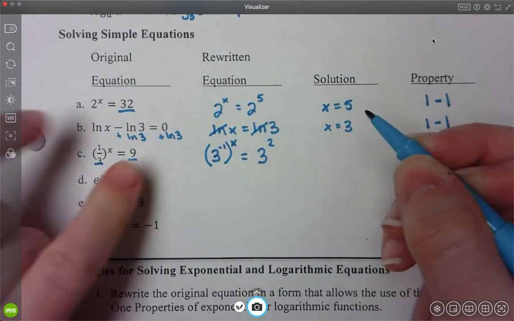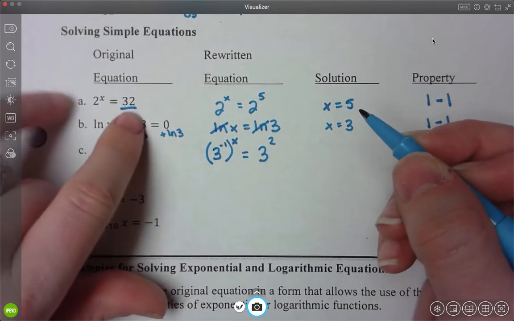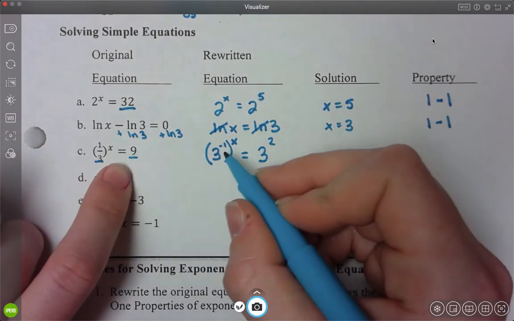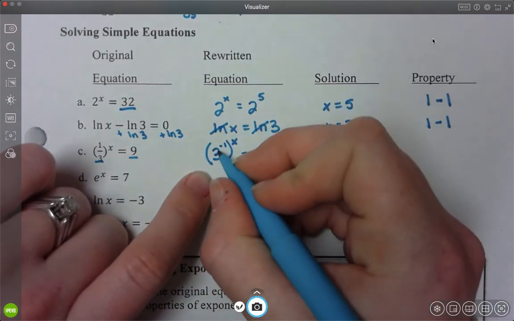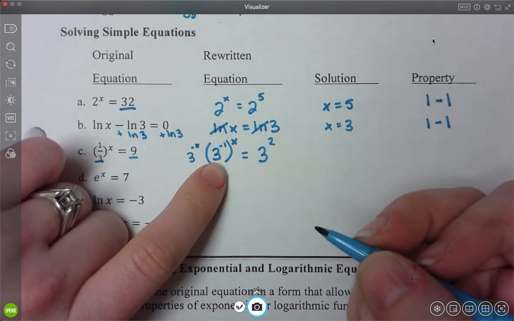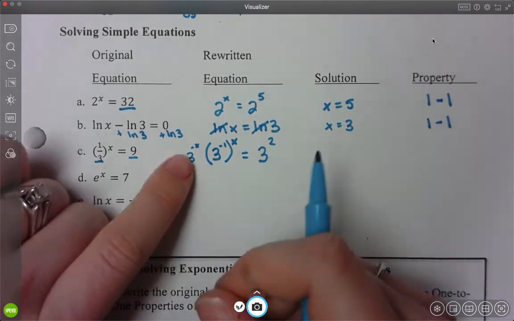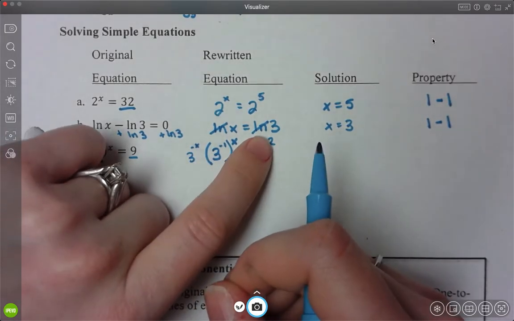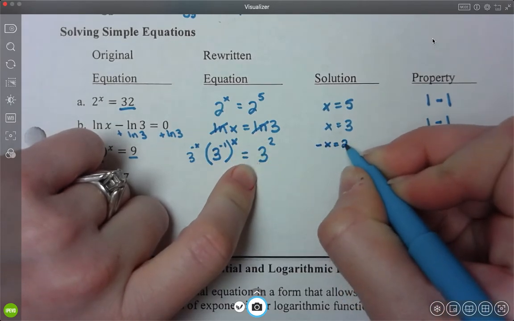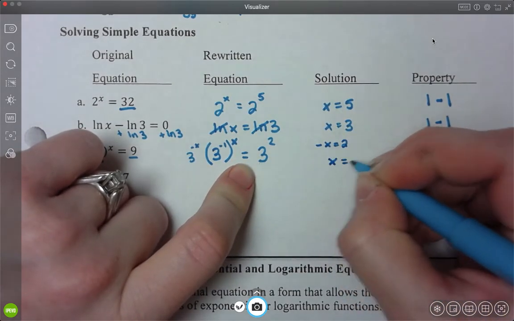Instead of just changing the 32 and leaving the 2 like I did here, I'm changing both of them to a base of 3. So this would really be 3 to the negative x power if I combine the negative 1 and the x. So I have 3 to the negative x power equals 3 to the 2 power. Negative x in that case would be equal to 2, and x would be equal to negative 2, okay?